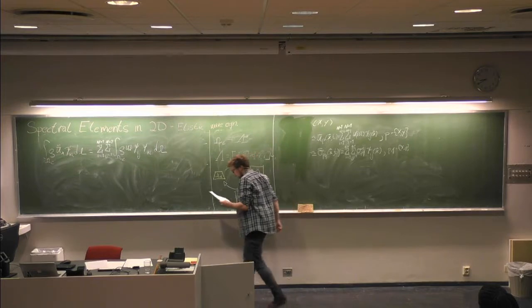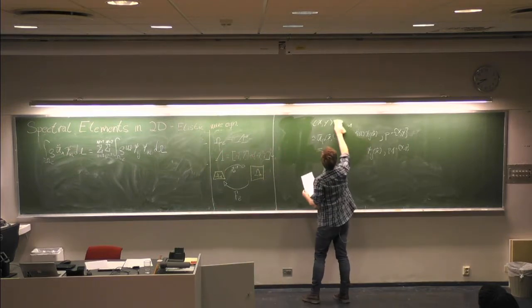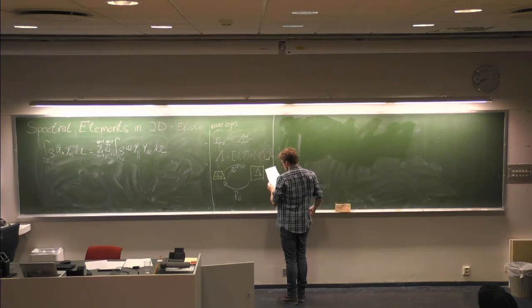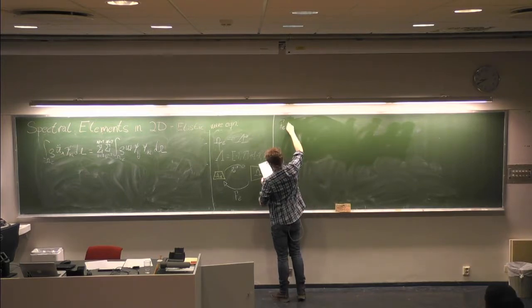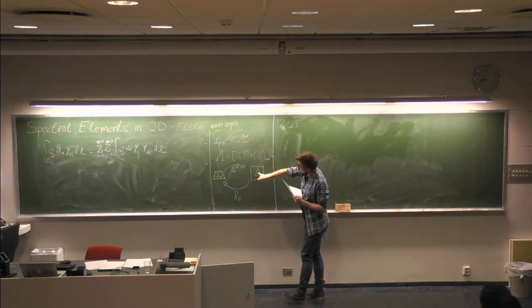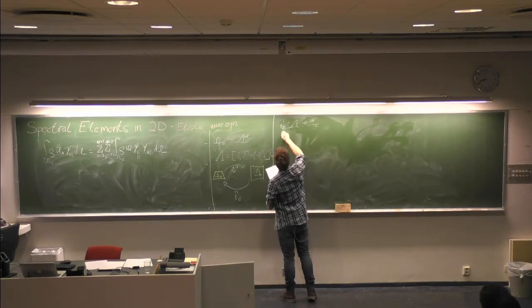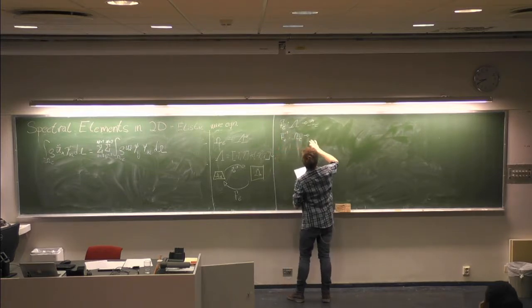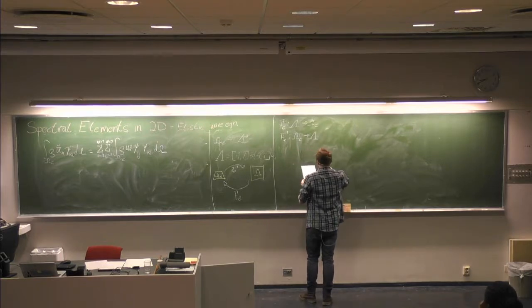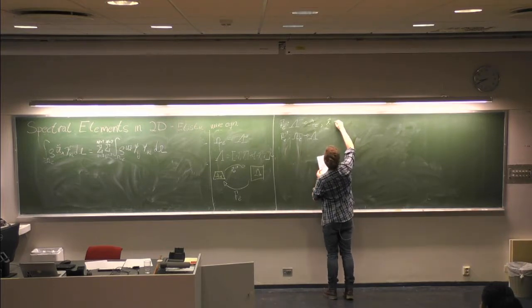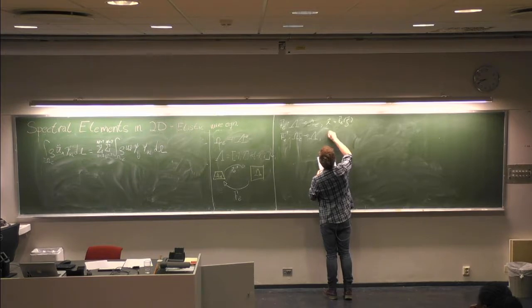Fe goes from lambda, so this is going this way, into sigma E, and the inverse goes from sigma E to the lambda.